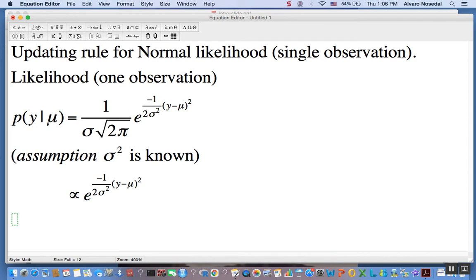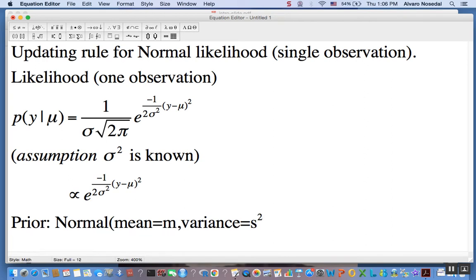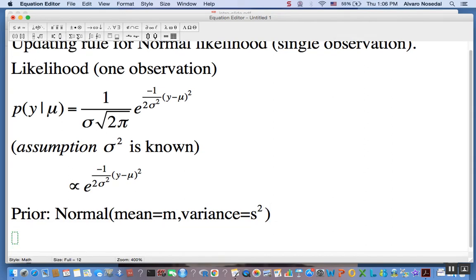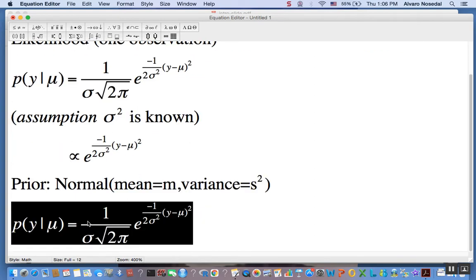So the second ingredient, our prior. In this case, we are considering a normal with prior mean m and prior variance s squared. So we could just copy paste this and then modify that expression accordingly. That's exactly what we're going to do using our notation.